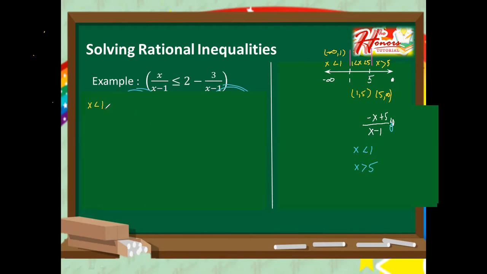But for x is greater than 5, we will have x is greater than or equal to 5, because we can use 5 itself in our denominator because it will not make our equation an undefined equation.